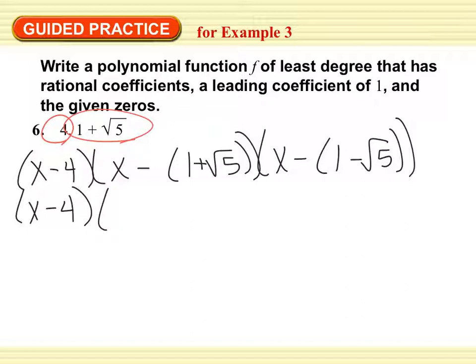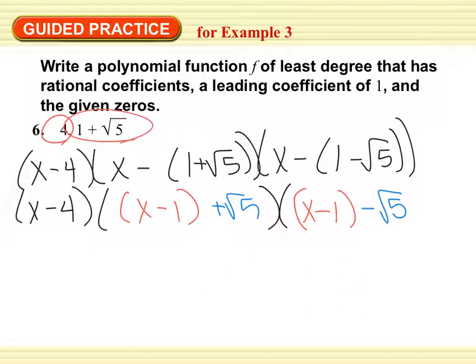I do x minus 1 plus root 5, and then x minus 1 minus root 5. Yep. I'm still going to just keep copying that x minus 4 until I'm done.